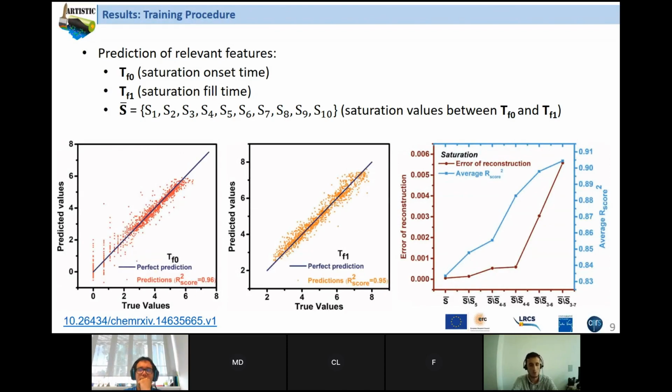So what we did was to basically remove those saturation values that were not giving a good R-square value.